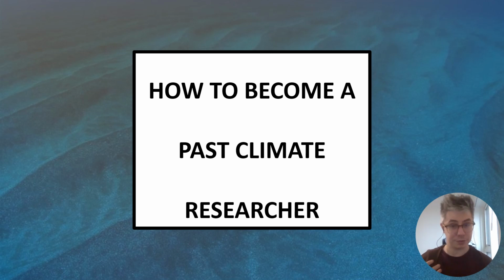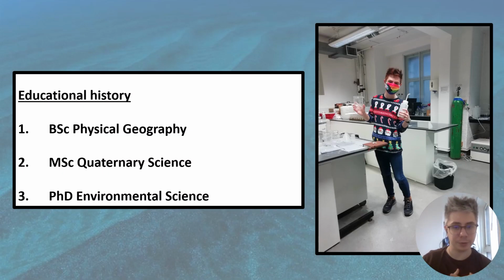Now, if any of this really interested you, I've got a few tips on my journey into becoming a past climate researcher. So for many of you, you will be thinking about what you want to do next. And for some of you, you might be wanting to go to university. And for some of that lot, you may be wanting to study geography. And you may be really interested in this talk about how you become a past climate scientist.